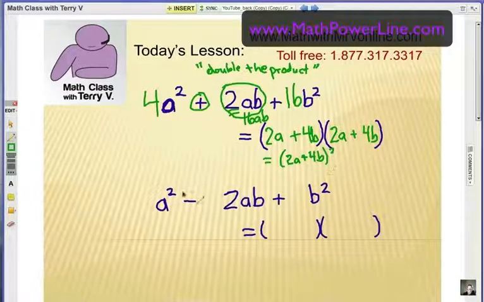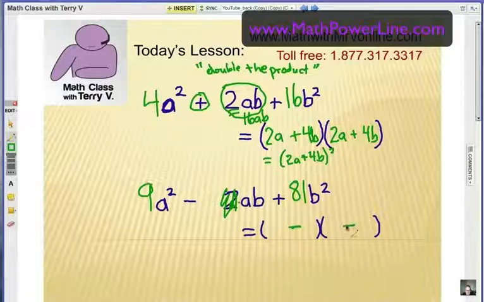Let's go ahead and try some other examples. What if this is a 9? That's a perfect square right there. And what if this is 81? We're going to keep the ab there, but this double the product part is the key. Now notice the middle term is negative, so both of these binomials are going to have a negative sign. And 81b squared is a perfect square.